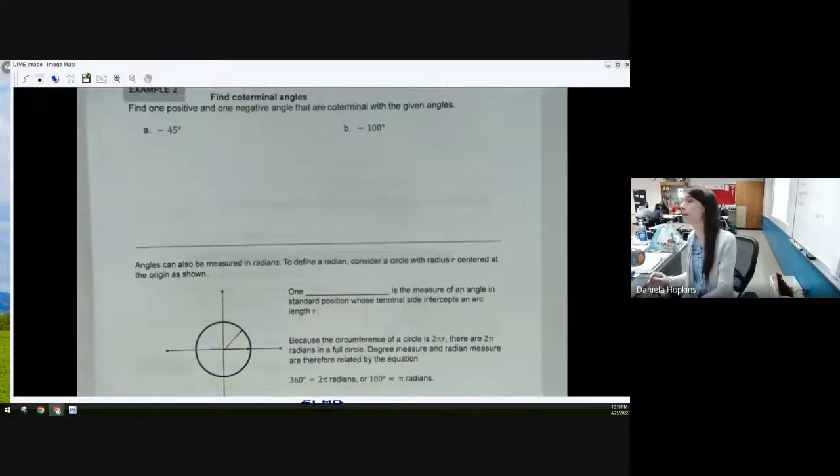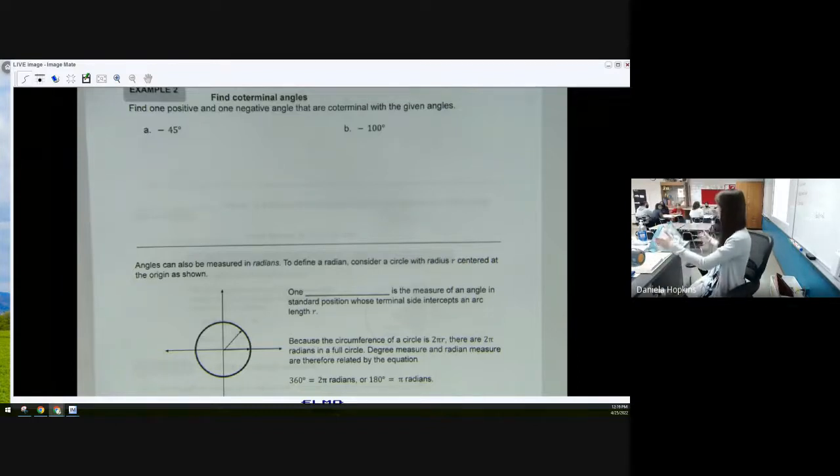On GoFormative, and your book gives these coterminal angles between negative 360 and 360 degrees. But technically, there's an infinite number of coterminal angles because you could just keep adding a rotation on, right? And you could say that those are still equal to each other because they are. It's just multiple rotations. But let me show you how the book does it.